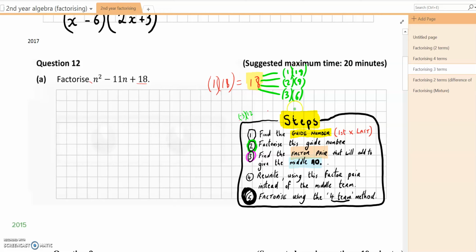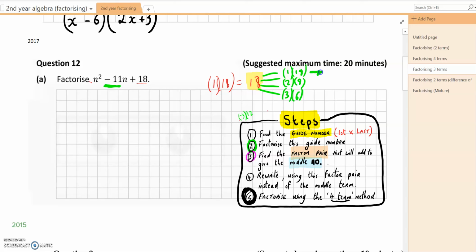Now, which factor pair will give me the middle number when I add them together? What's my middle number? Well, I'm looking at minus 11. What can I get 11 from? Ooh, and a little side note there.